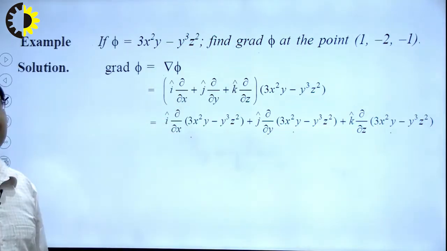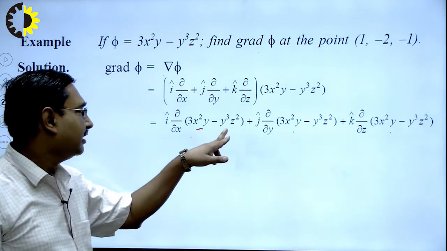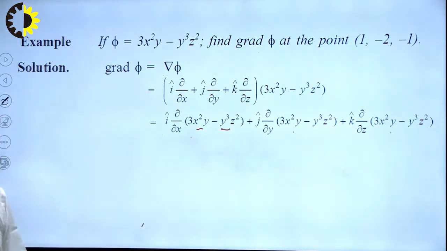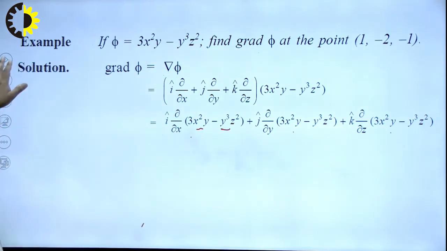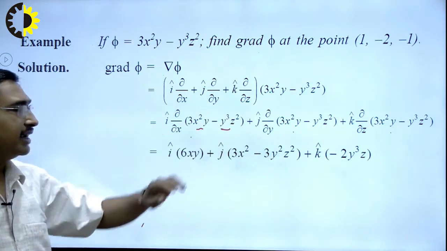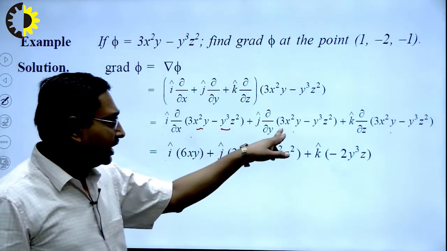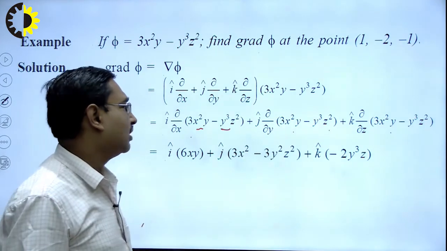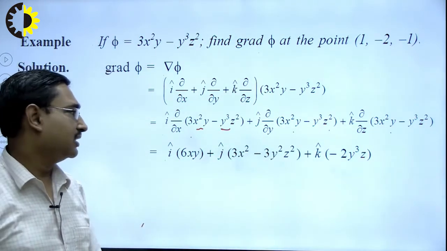Because ∂/∂x is partial differentiation with respect to x, therefore y and z will be treated as constants and therefore derivative of this will be simply 6xy because the second and third terms will be 0. Similarly, differentiating with respect to y, we shall treat x and z as constant.